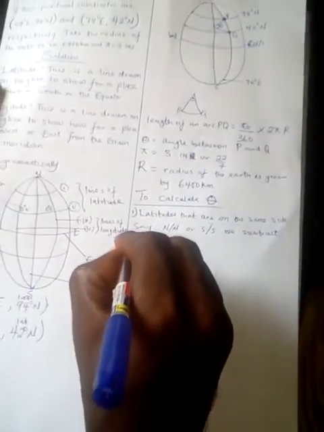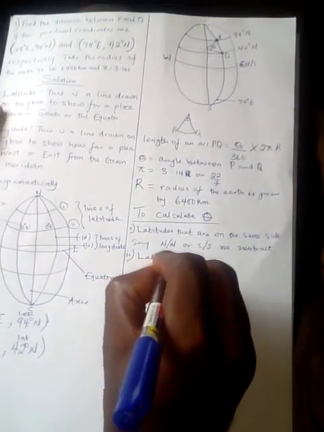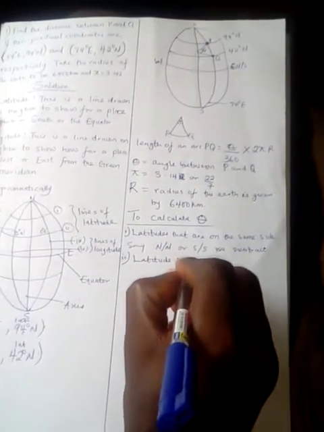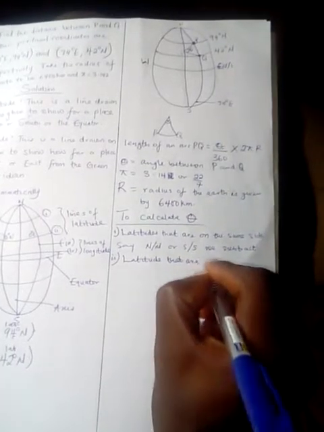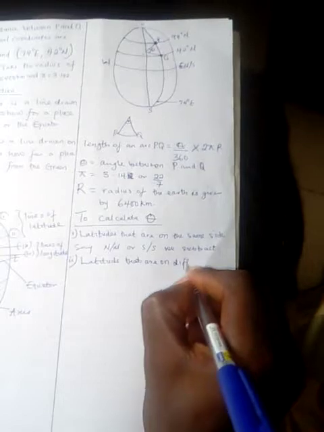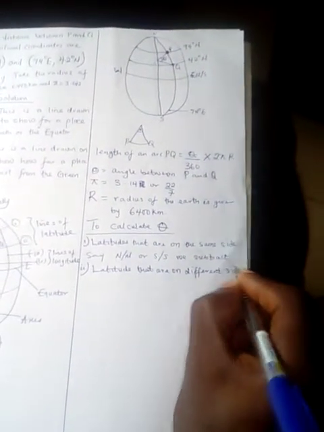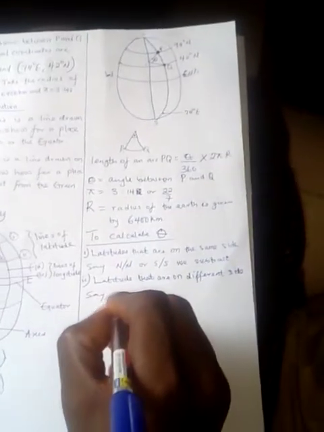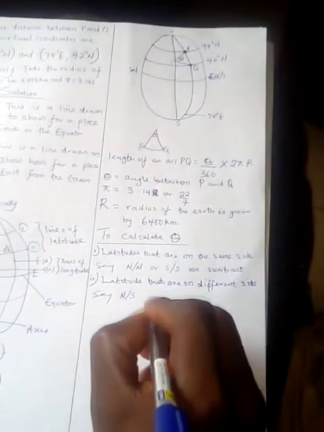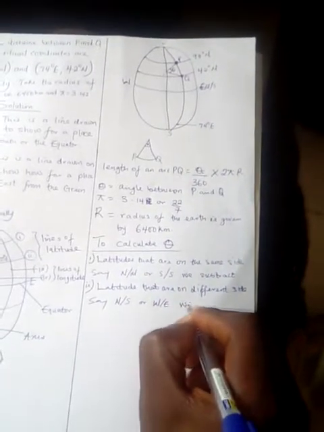While the second definition, latitudes that are on different sides, say north south or west east, we add.